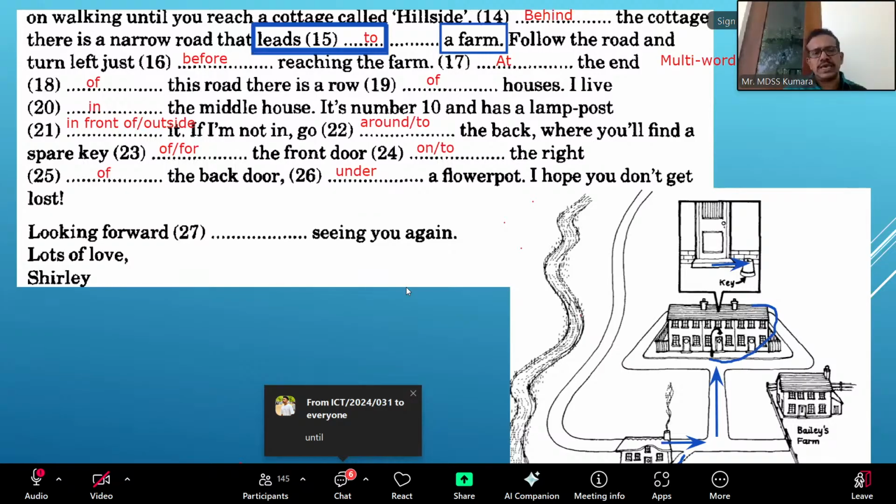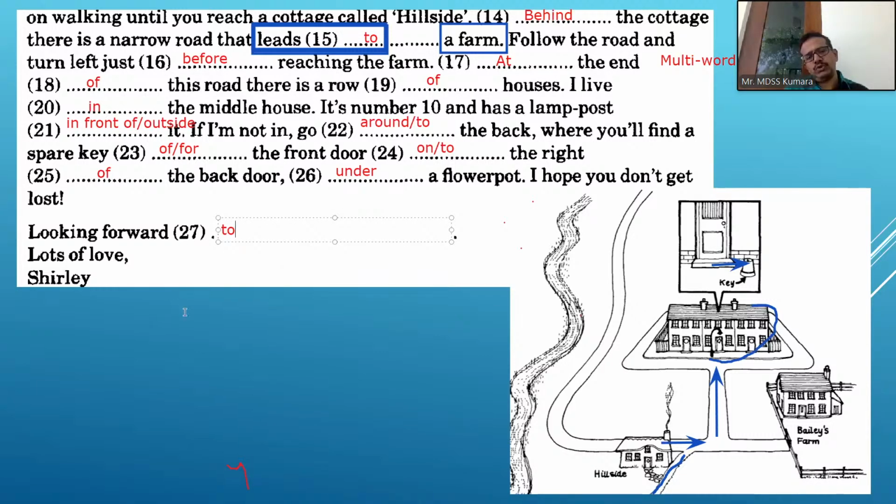Now this is not based on the verb coming after that. This is a particle verb, a fixed expression. It can only be used this way. It's a fixed expression, like lead to. So look forward to is a particle verb.